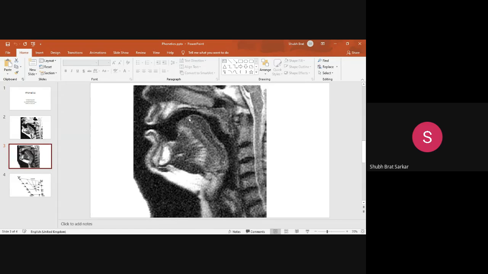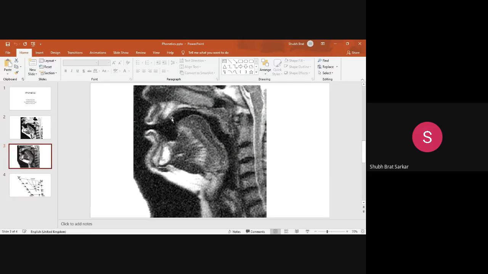When the active articulator moves closer to the passive articulator, as you can see in this diagram, it takes a close position. There is a gap between the articulators, but the active articulator comes very close to the passive articulator, even in this open approximation.